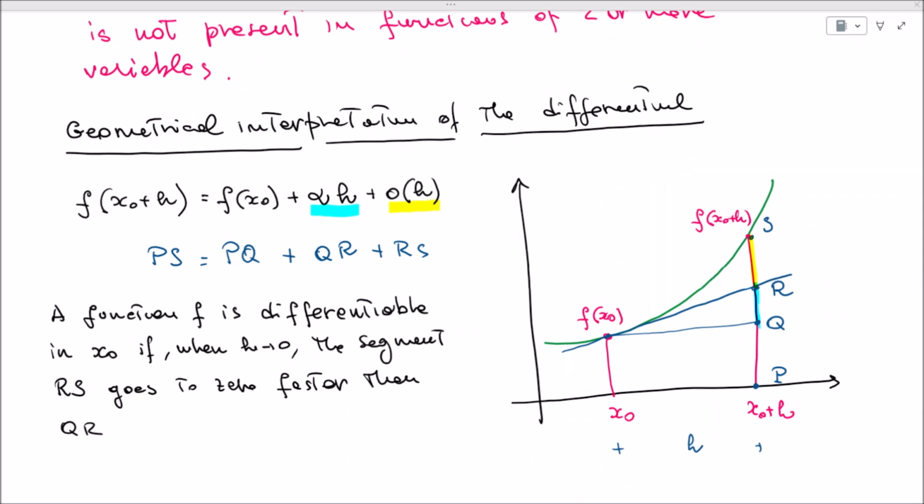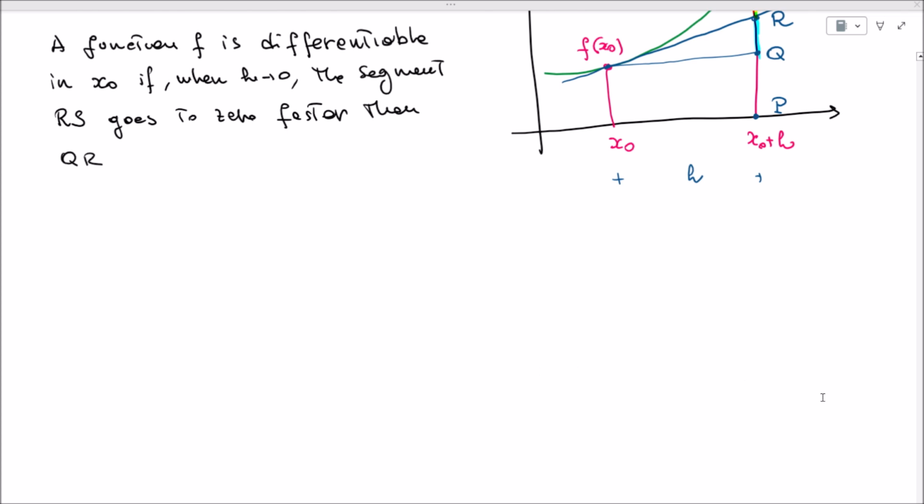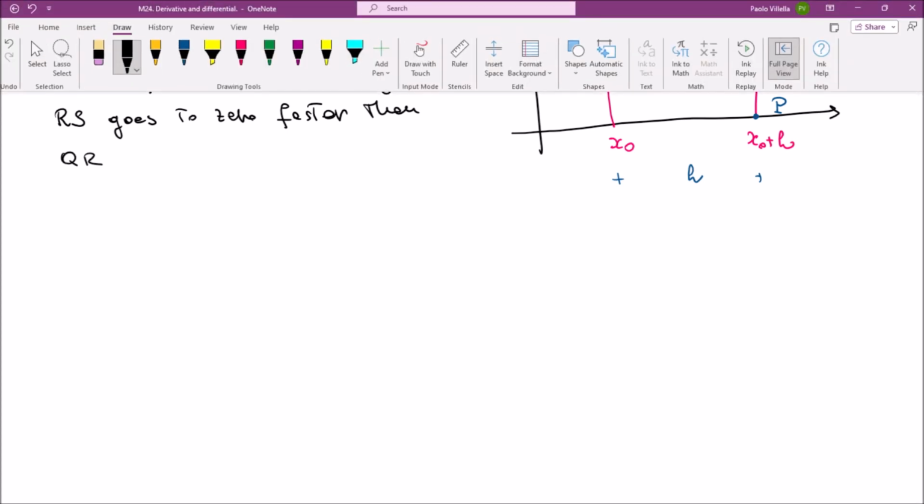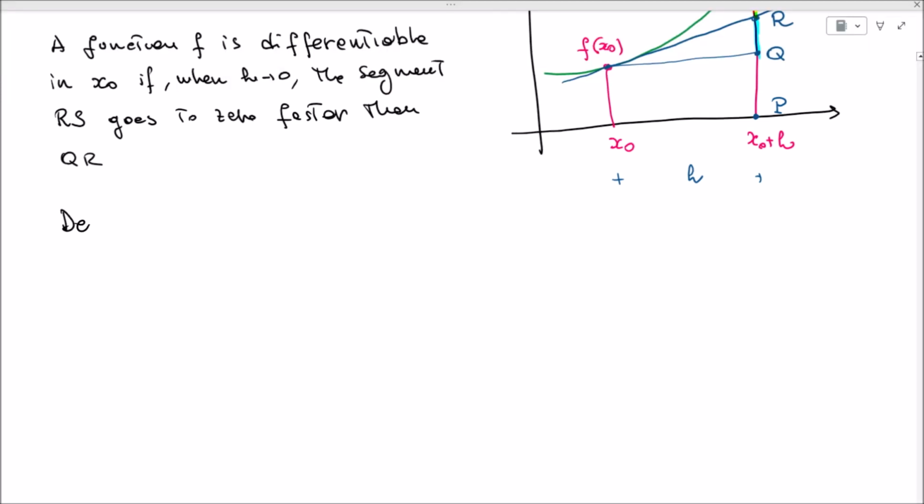Right, so now that we have all our definitions in place, we can start applying them to a number of elementary functions. So what follows is just a list of the derivatives of elementary functions, or at least some of them.